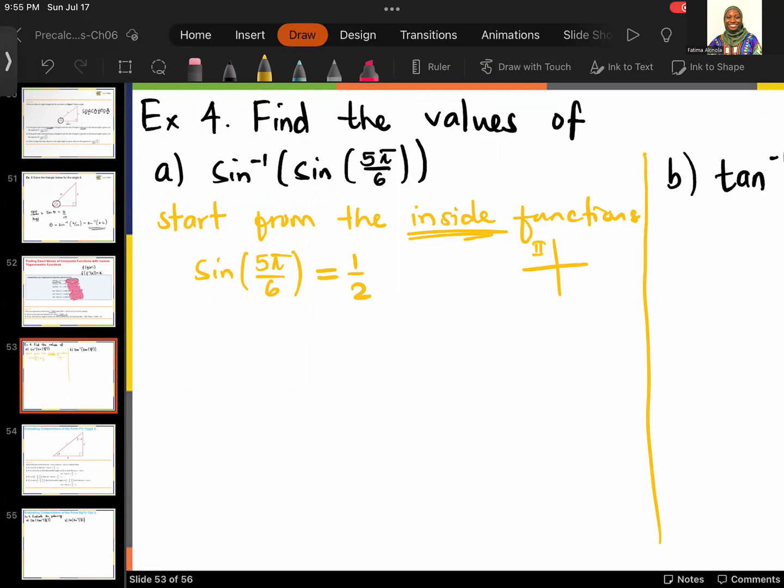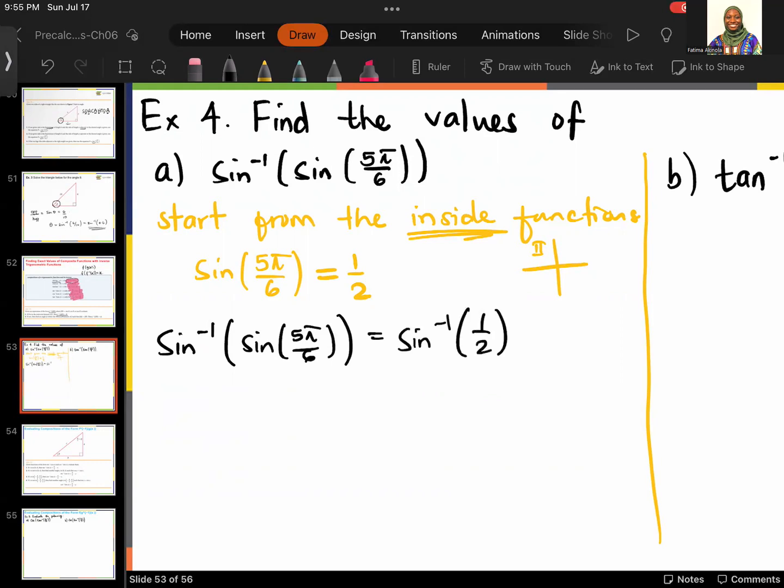You can do the whole reference angle thing again, but if you look at your unit circle, that's where it comes from. So we're left with sine inverse of sine 5π/6 is equal to sine inverse of 1/2.